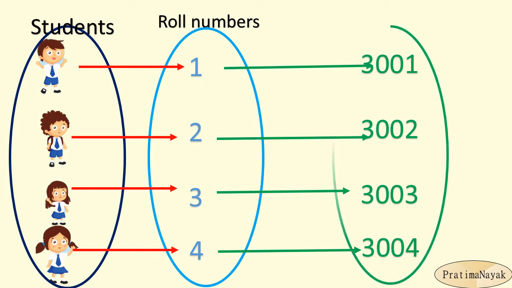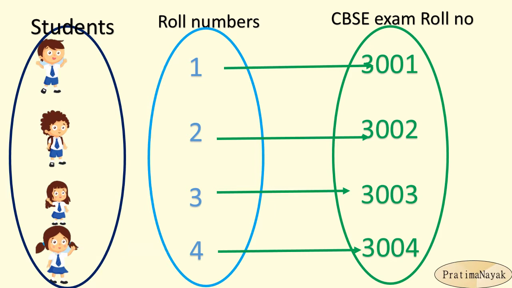So this constitutes the CBSE roll number. So there is a relation between school roll number and CBSE roll number. So a function can be defined from the set of class roll numbers to CBSE roll numbers, isn't it? Yes.